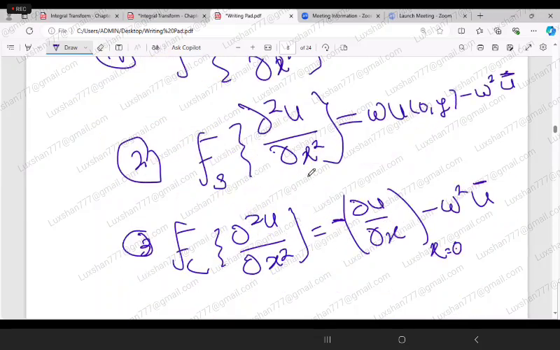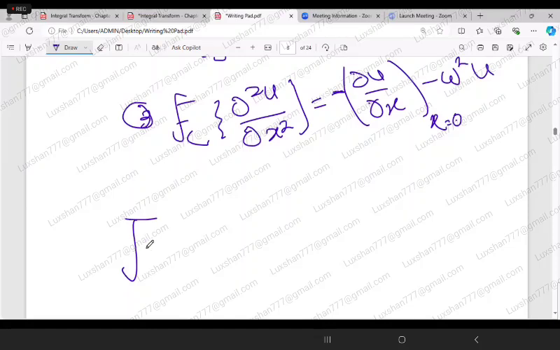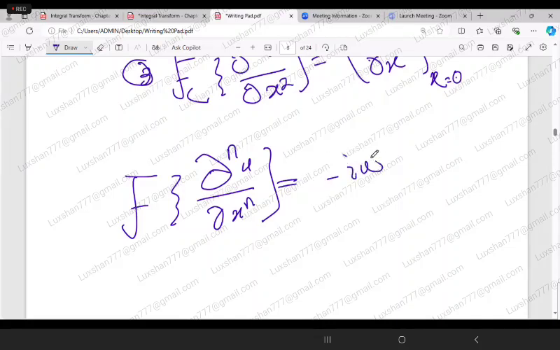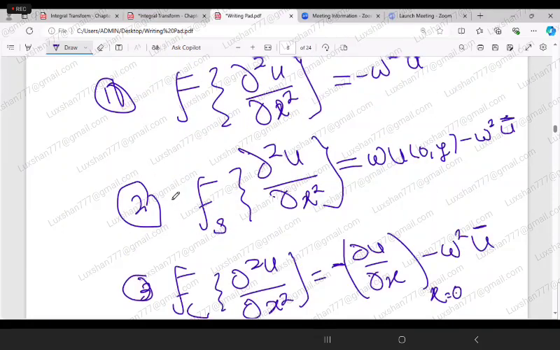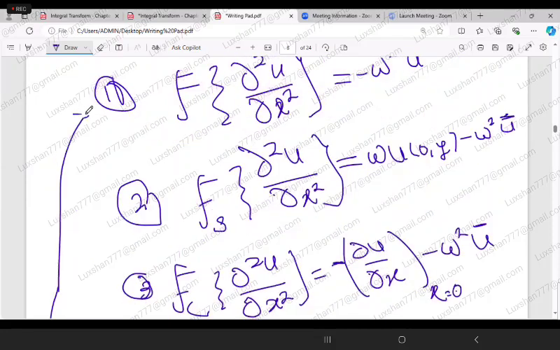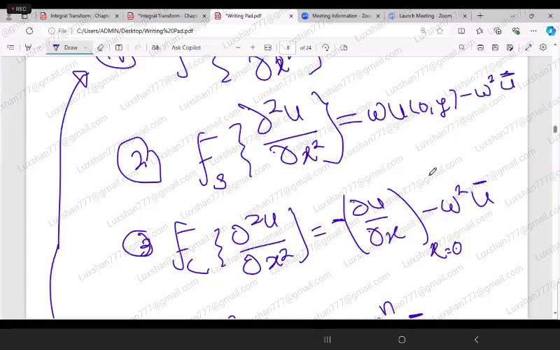Okay, so these all are second derivatives. In addition to this, Fourier transform of ∂ⁿu/∂xⁿ, you can have the proof, that is (minus i omega) to the power n. Actually, from this one, you can have this one. For the sine and cosine transforms we are not getting the nth derivative because the nth derivative will be lengthy.